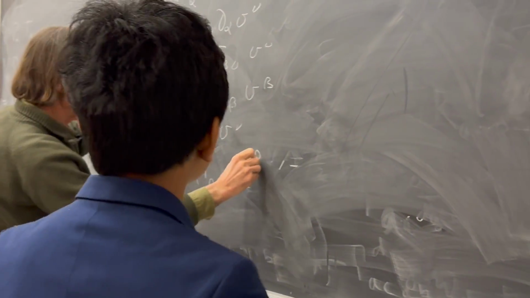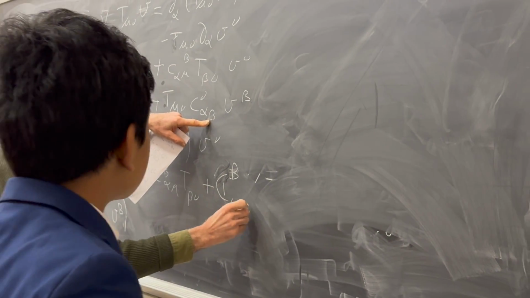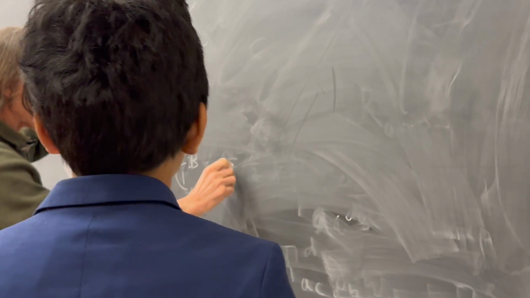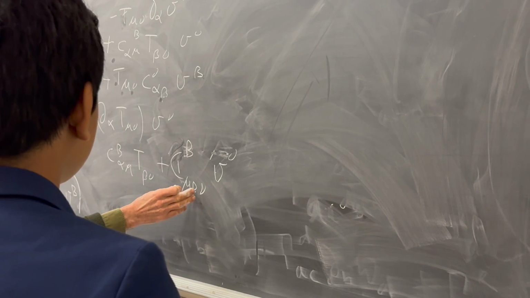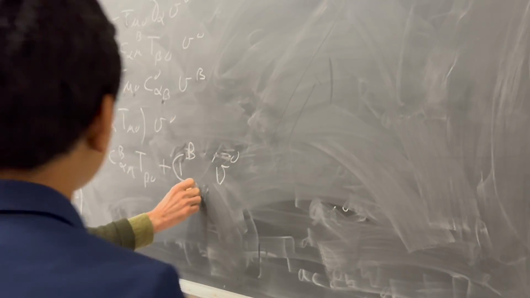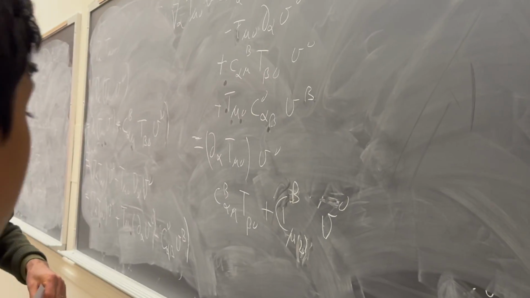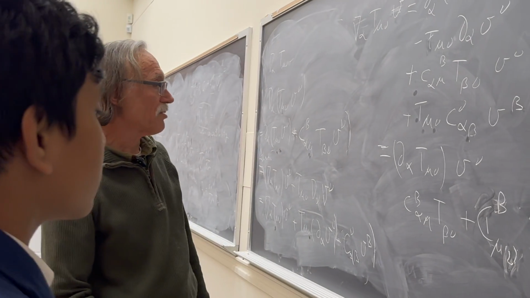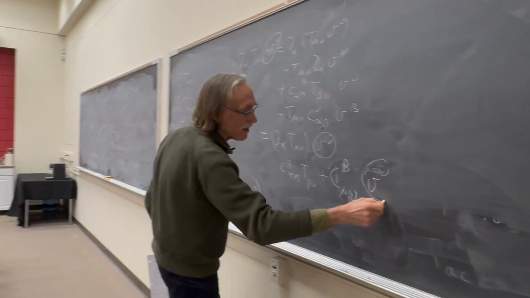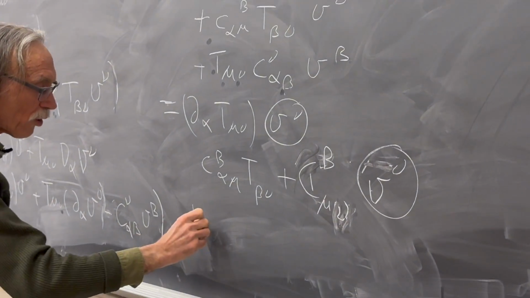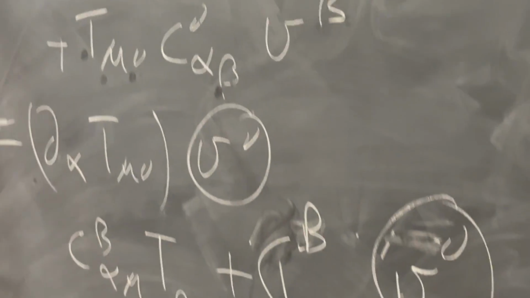So I call this a beta, then this should be a beta, and the beta is a nu, so that is V nu. Why do we change the indices? Is it just for ease of writing? Yeah, I come to that in a second. So this is a nu. Why do we change the indices? Because now everywhere there's a V nu. And this is true for all V nu. And that means that the coefficients are equal.